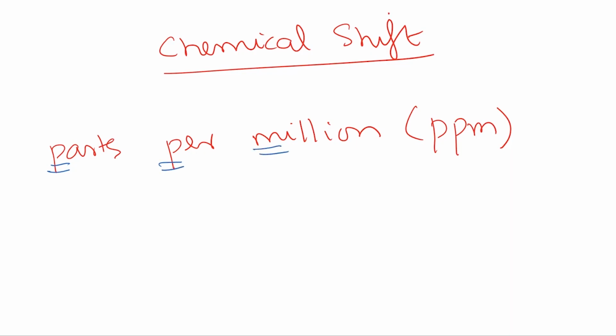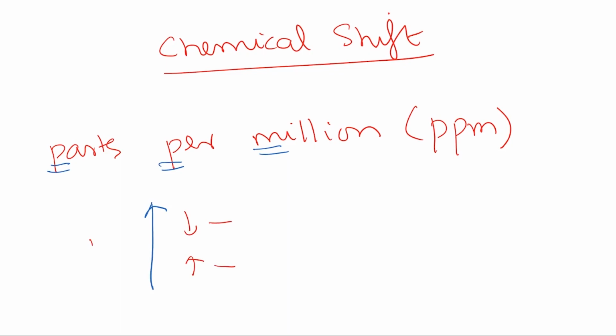Okay. So, this ppm is the scale that is used while recording NMR spectroscopy. All right. Now, the exact frequency at which the nucleus resonates depends on the external magnetic field. Okay. So, if you recall, if you remember, what we did was there are two states.